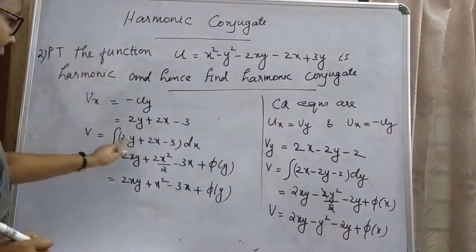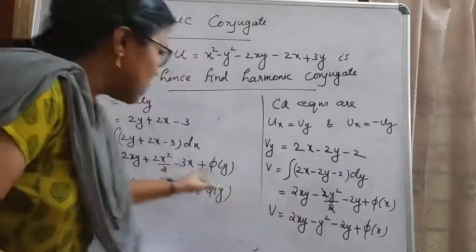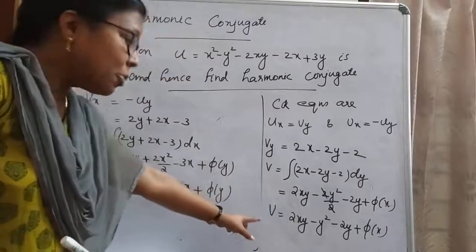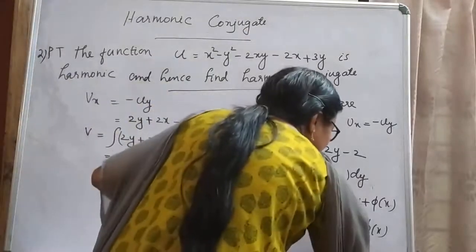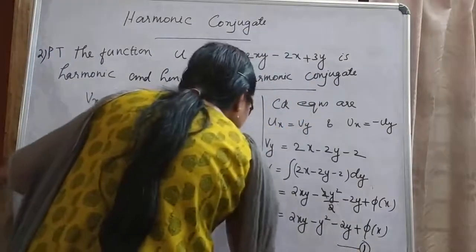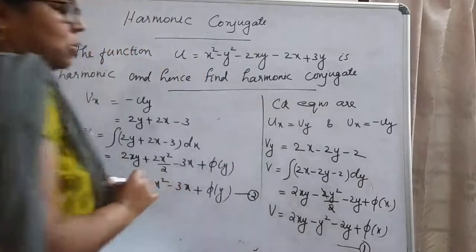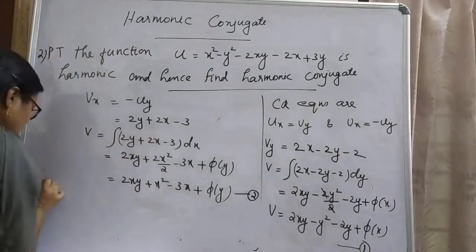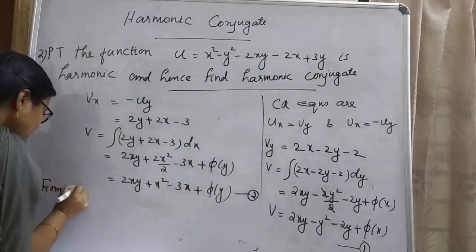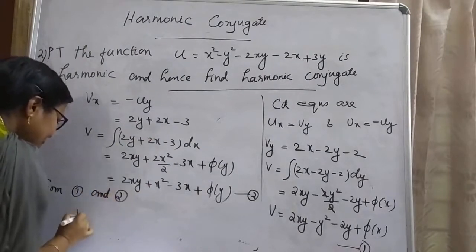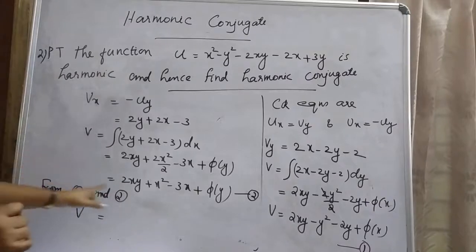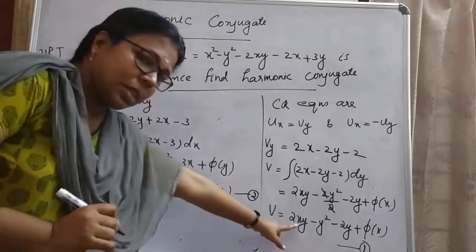Then by comparing these two equations, we have to obtain the final harmonic conjugate, which is V. This is taken as equation number 1 and this is taken as equation number 2. From equation 1 and 2, we have to write V as here 2xy, here also 2xy.